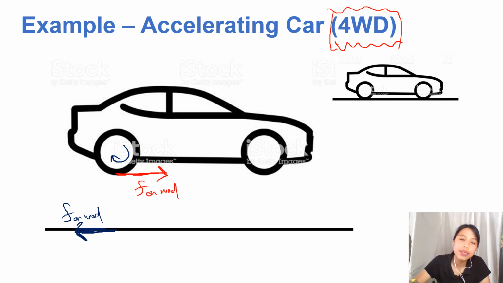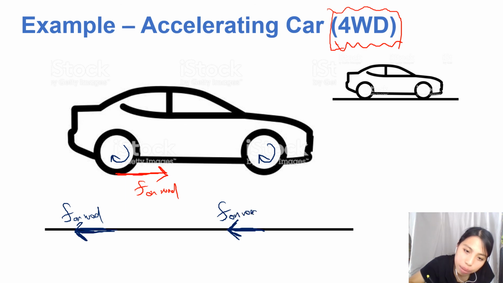So four-wheel drives, okay, this car probably doesn't have a four-wheel drive, but four-wheel drive means the engine is going to make both tires turn. So both tires are actively turning. Both tires are trying to push friction backwards. So then you have something like this. Pushing friction on road by tire.